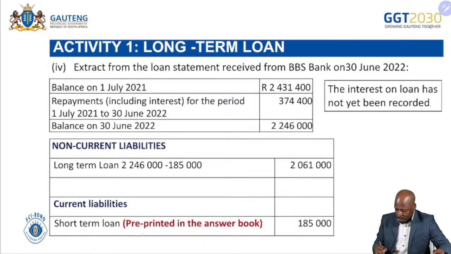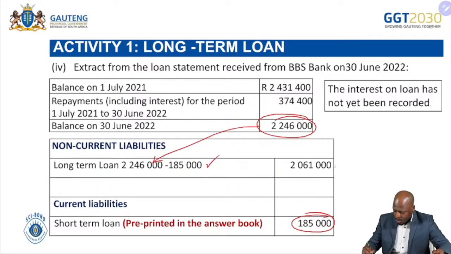In the answer book, we were already given the 185,000. So what you do, you take the closing balance in your ledger account, which is your 2,246,000. You are bringing it here. All right. And then you now say, since we already have a short-term loan, I must subtract it here. Hence, you end up with your 2,061,000.